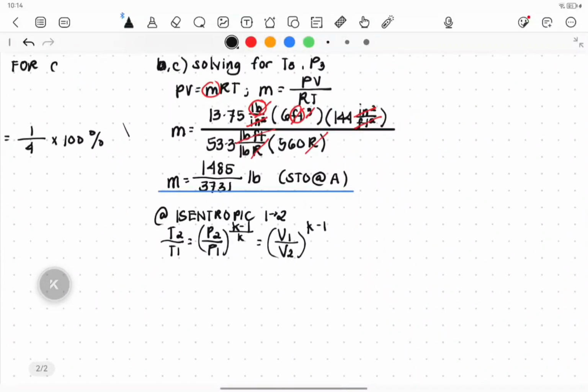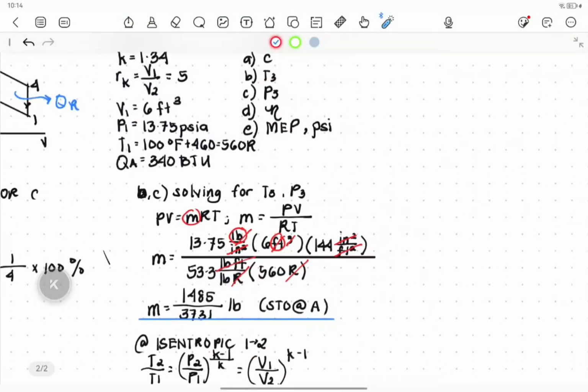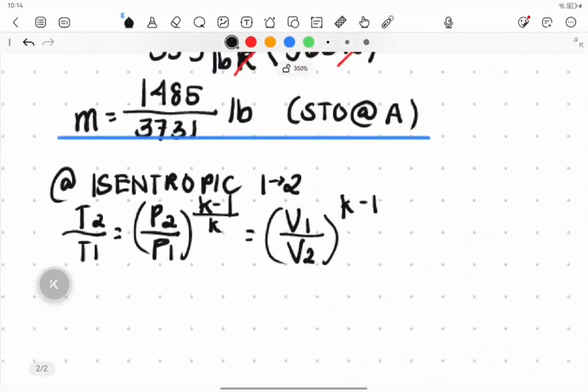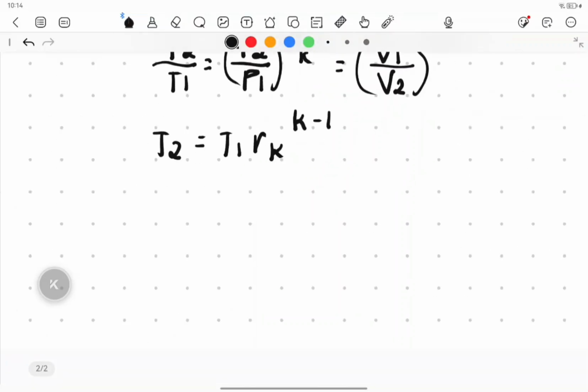So we can use anything we want, but I suggest we use this volume relation, since this V1 over V2 is just the compression ratio. So what we can do is that T2 equals T1 r_k raised to K minus 1.